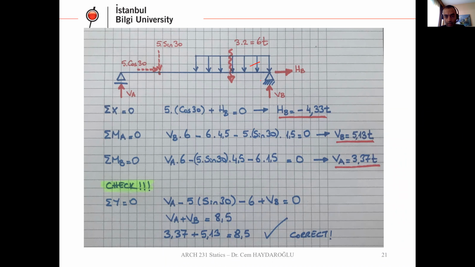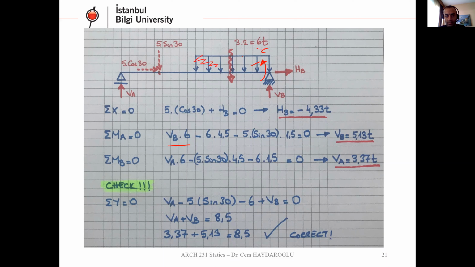Here, the vertical B rotates the system in this direction. So minus 6 times 4.5. Now I have this concentrated load. I convert this uniform distributed load to this 6 tons.